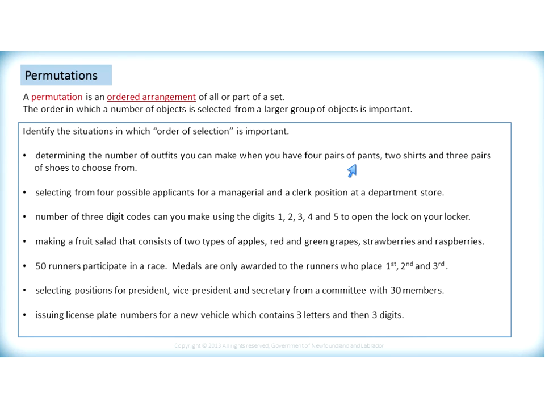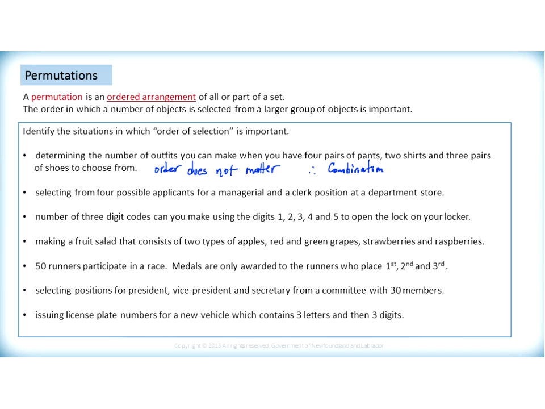You would still get an outfit, whereas if you selected pants, the shoes, and then the shirt, you still get another outfit. So in this case here, order does not matter. This would be an example of a combination, which we will review in a later section.